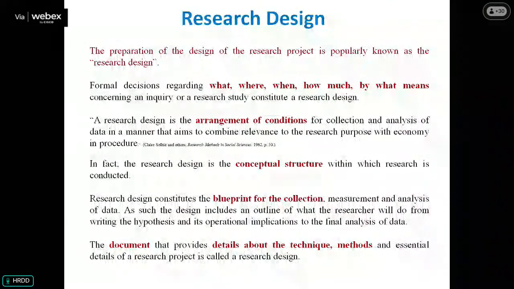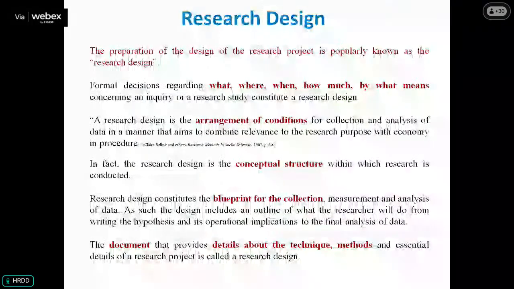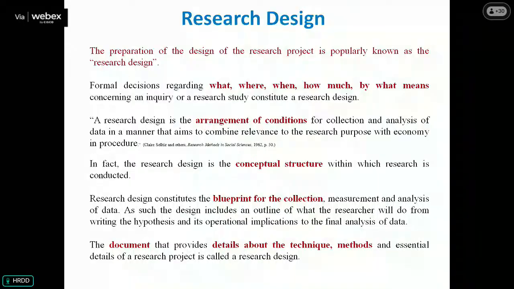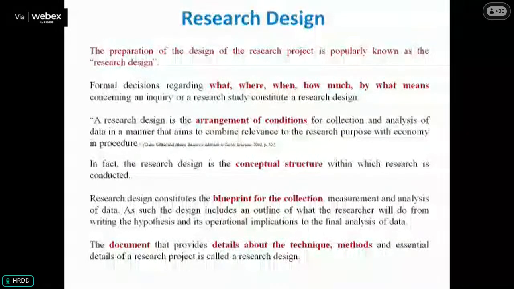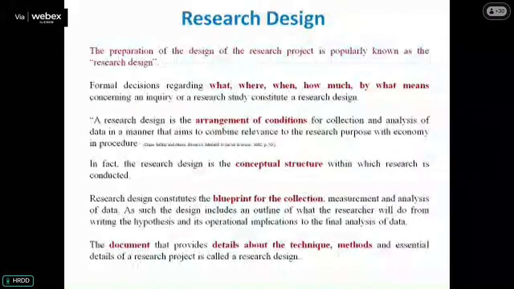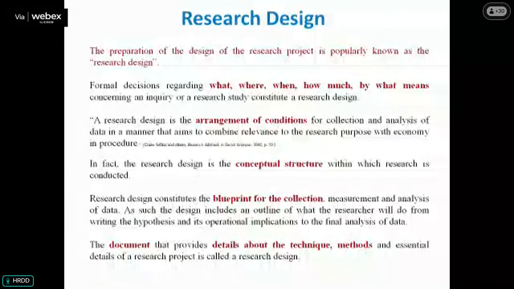So research design is a documented technique where you will write about the details of the technique, methods, and essential details of the research project. As you sit in a library and start searching your literature, you will see there are review articles. From the review articles, whatever relevant articles you pick up, you go to the references and go to the individual papers.